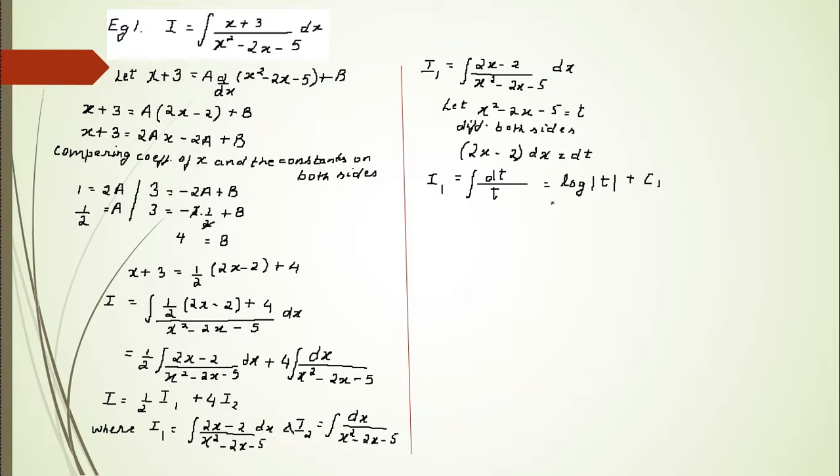Okay, now let us put the value of t. So we'll get log of modulus of x square minus 2x minus 5 plus constant c1, right? Now let us take the next part, I2.